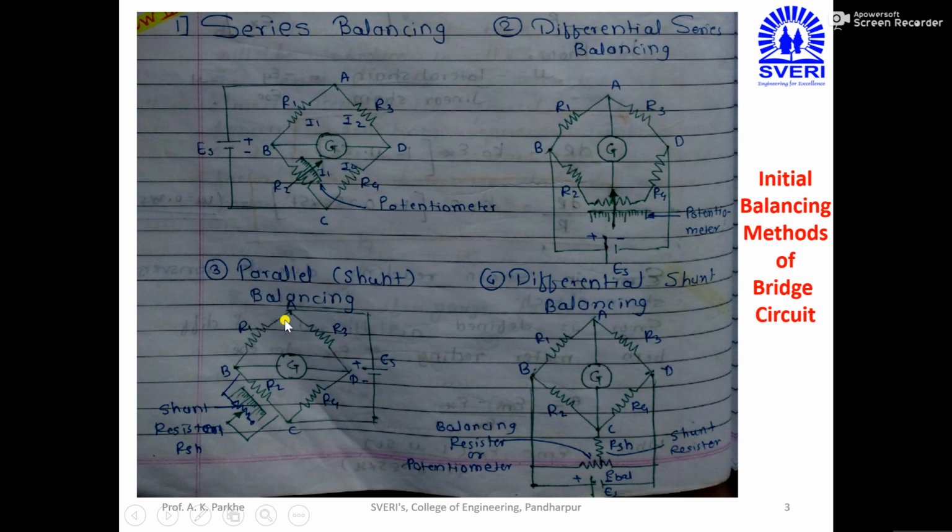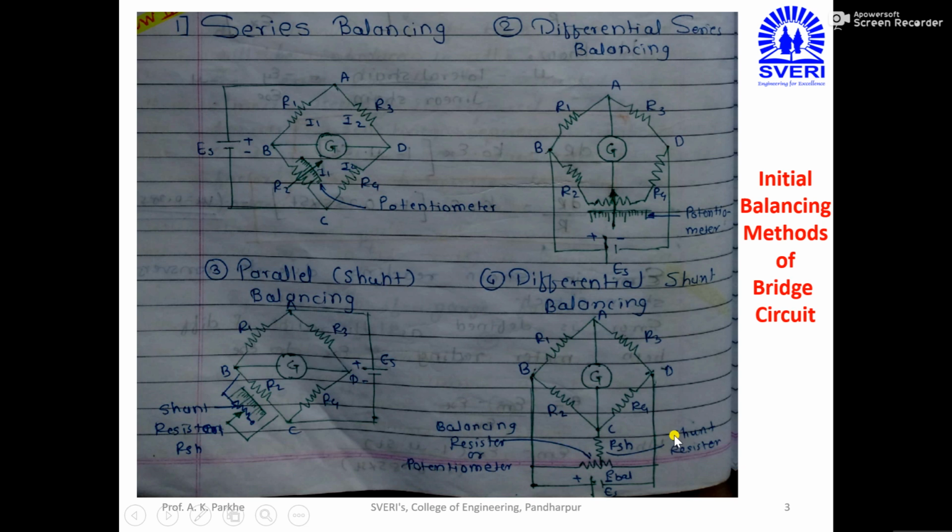So to avoid the disadvantages of techniques number 1, 2 and 3, the last method is developed, that is differential shunt balancing. In this differential shunt balancing, only one shunt resistor is provided, which is connected to all the 4 arms. Also only one potentiometer is provided, which is connected to all the arms. By using the potentiometer, the coarse control arrangement is possible.